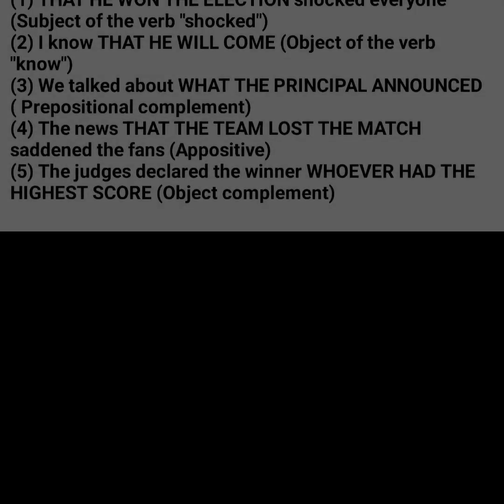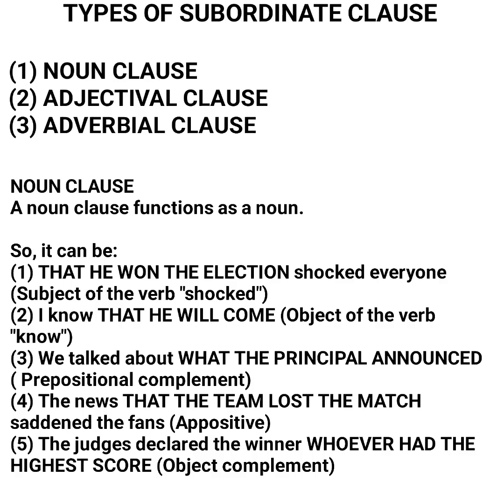So now, having known what is meant by a subordinate clause and how to identify it in a sentence, the next thing to know is that it is classified into three. So don't get confused. Regarding the main clause, what we explained is that once we have more than one main clause in a sentence, we use a coordinating conjunction to join them together.